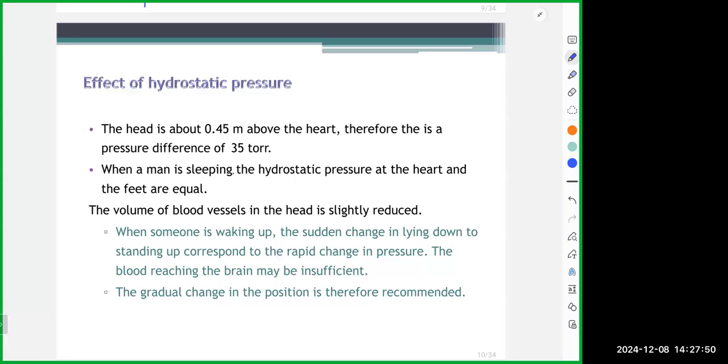For example, when someone is waking up and tries to stand immediately, they might feel a little bit numb because of the rapid change of the pressure. So when you take care of the elderly, you have to be careful about their movement because it might change the pressure a lot in their body.